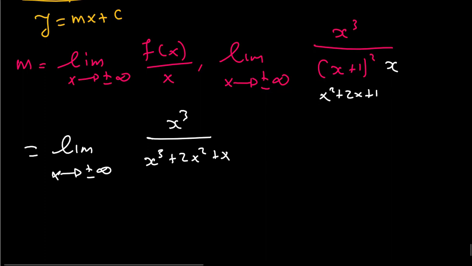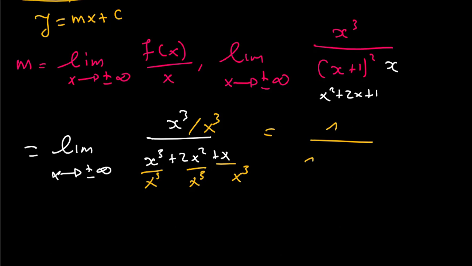And dividing top and bottom by the highest power of x, x cubed, this gives 1 divided by 1 plus 2 on x plus 1 on x squared. But as x approaches plus or minus infinity, these terms go to 0, and so we are left with 1 divided by 1, which gives 1. So what does it mean? It means that the value of m will be 1.